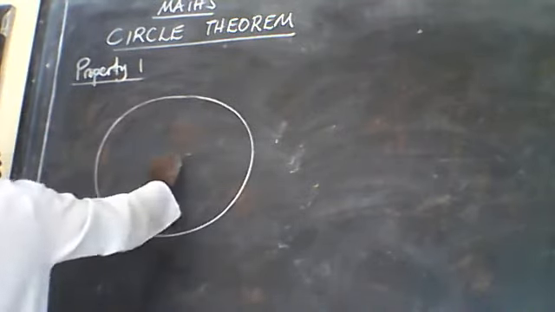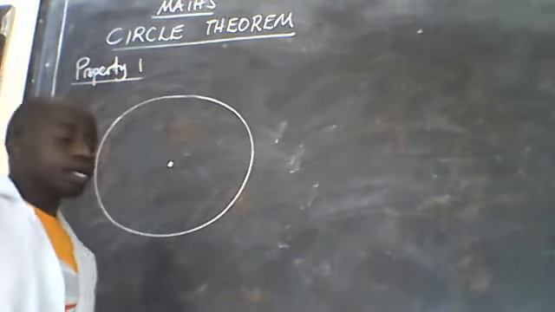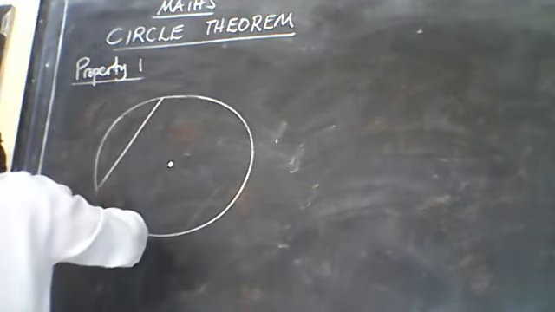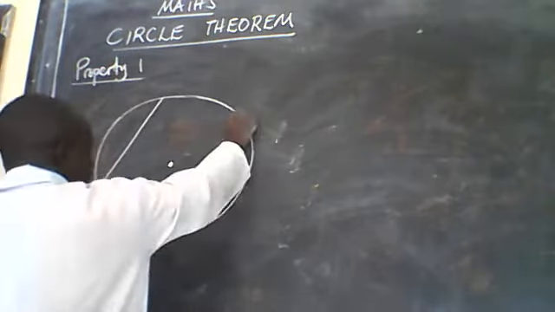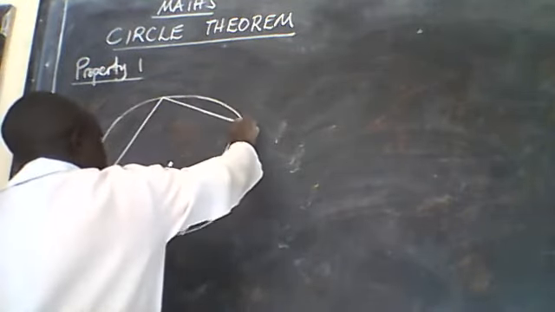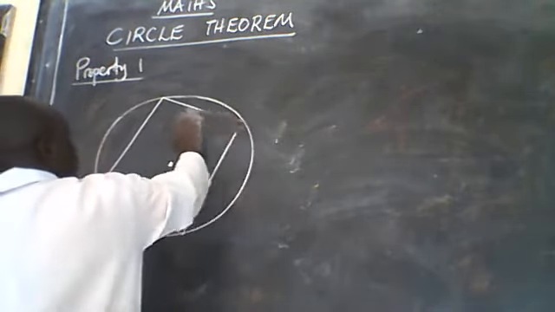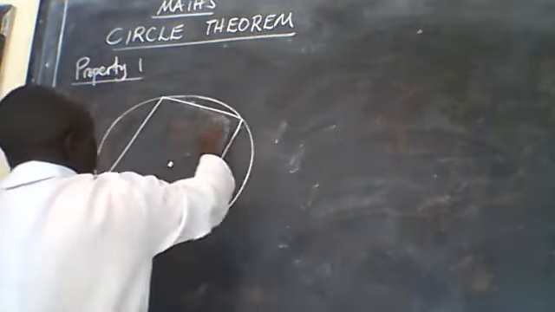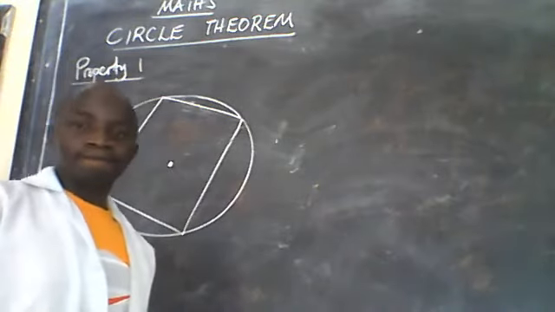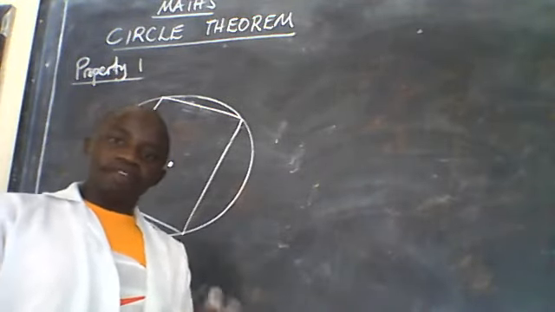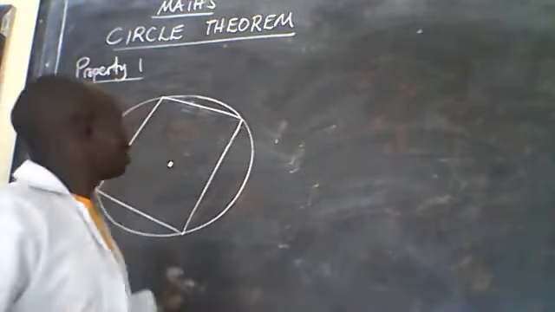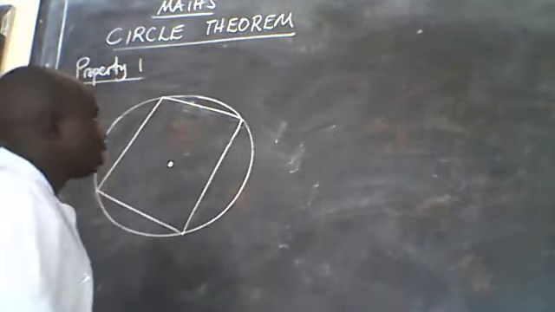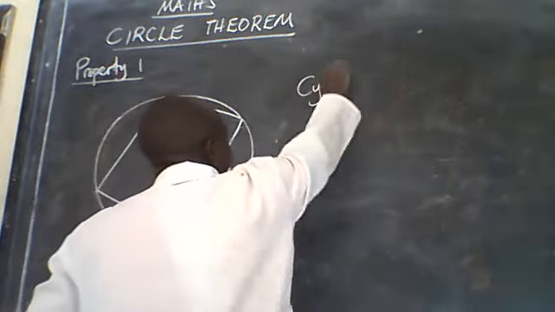Okay, got a center there. Now I'm going to form a four-sided shape inside the circle. The four-sided shape inside the circle is what we call cyclic.